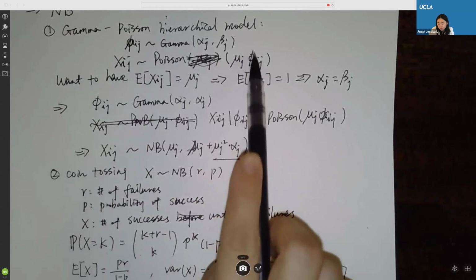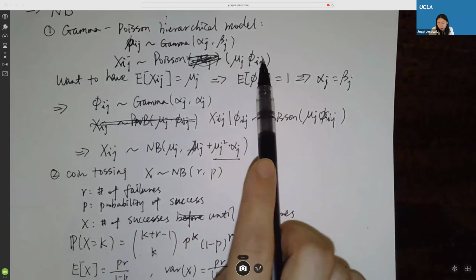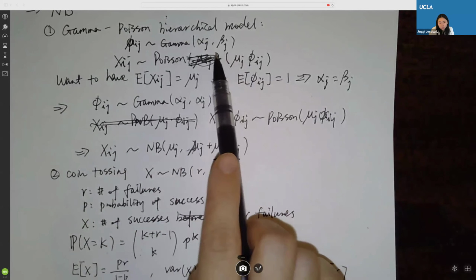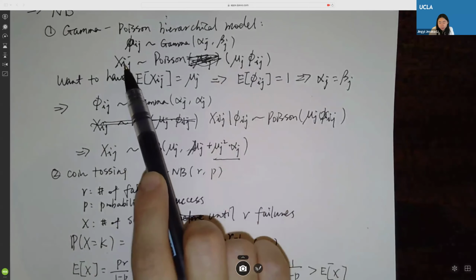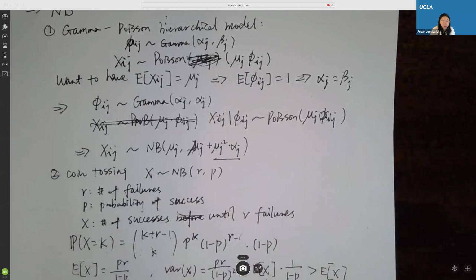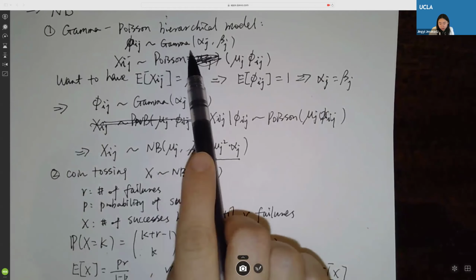But this Poisson parameter, we allow it to differ from cell to cell. So if you think about the Poisson parameter as the true expression level of gene J in cell I, then this true expression level, even among the cells of the same type, they are not identical. And that difference, which we call biological variation, can be captured by gamma.